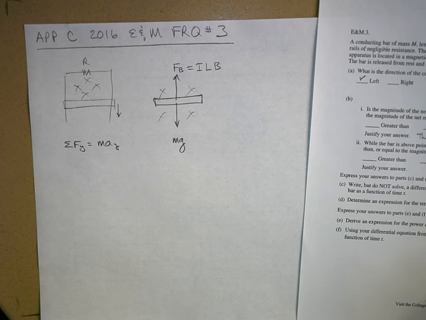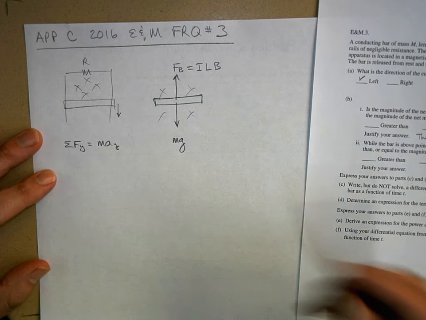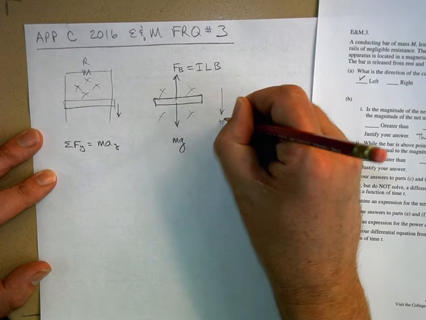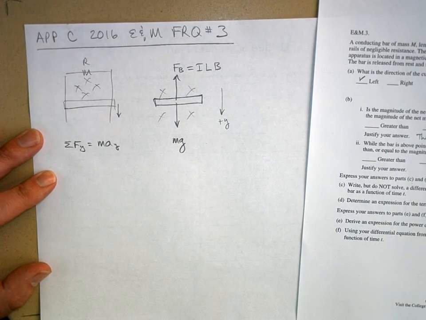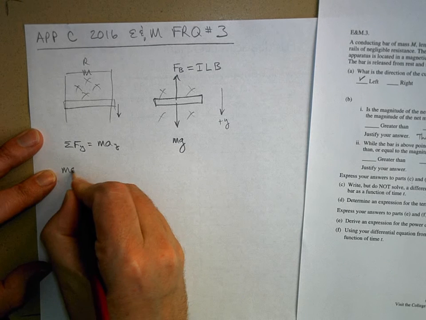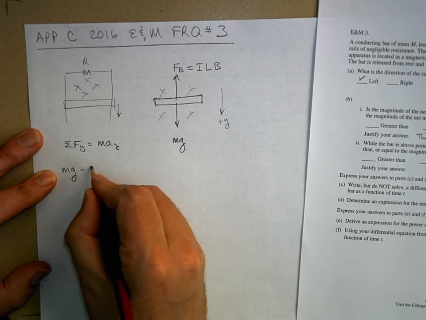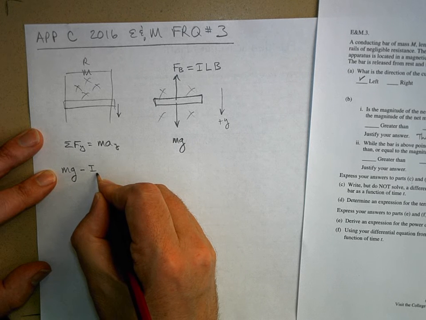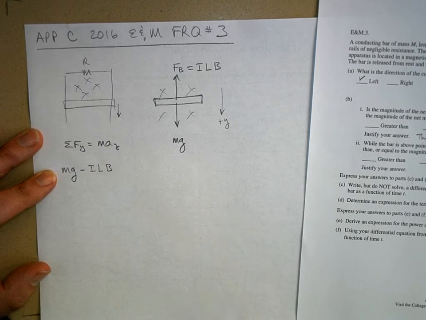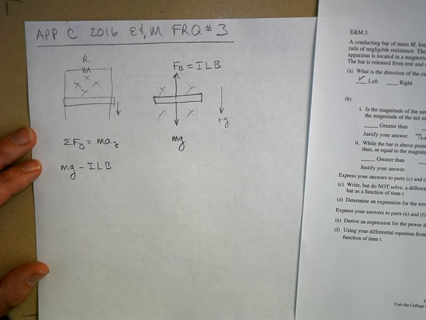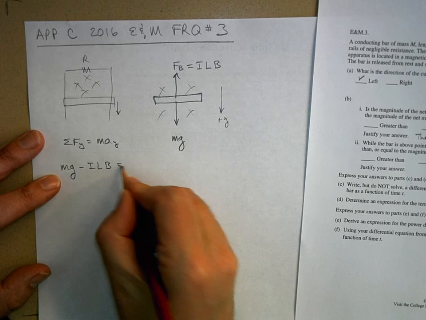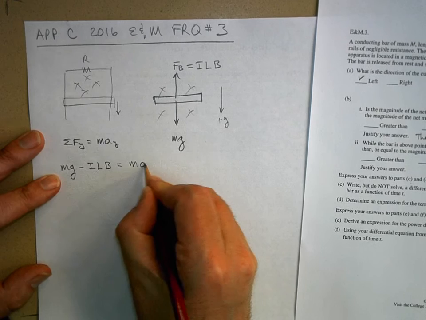so we want it in terms of the velocity. Okay, so here's what we're going to do. Let's make down positive y. Well, I got mg, then I got minus I L B, and that's going to be equal to m a.